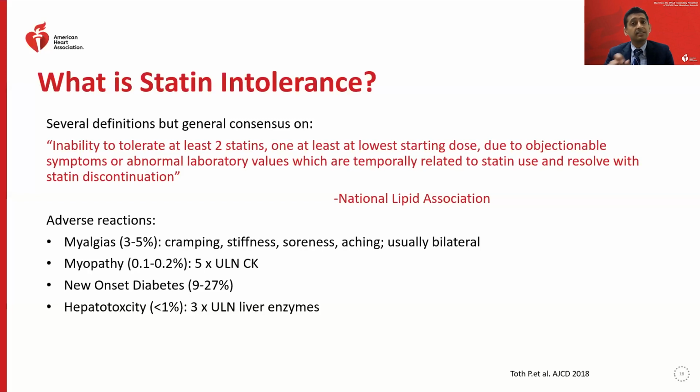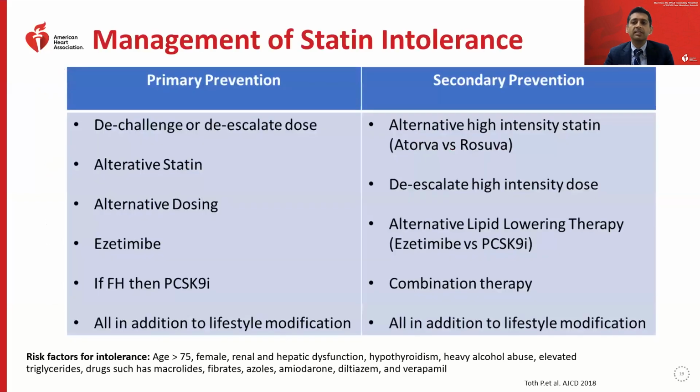And again, every study that has looked at this has seen that the benefit you gain by being on the statin far outweighs the small risk of developing new onset diabetes. We've also seen that new onset diabetes tends to be focused in subgroups that are already predisposed to insulin resistance. And hepatotoxicity, of course, defined as 3 times greater than the upper limit of normal in your liver enzymes.